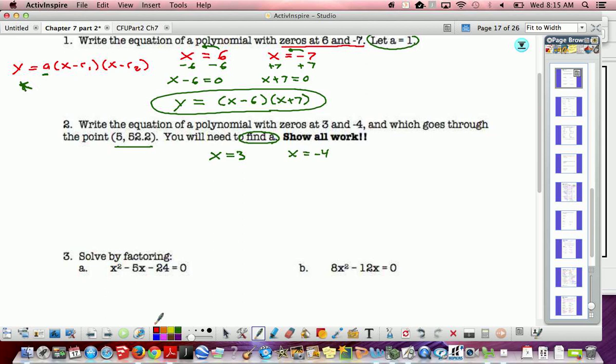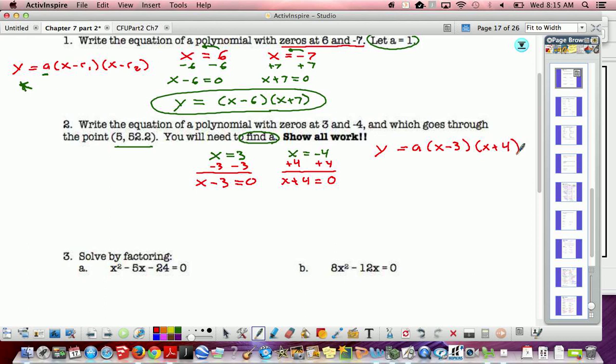When I do the inverse operations, subtract 3, x minus 3 equals 0. Add 4, x plus 4 equals 0. Sorry, I forgot the 0 here. So I can start with my equation looking like this: y equals a, x minus 3 times x plus 4.